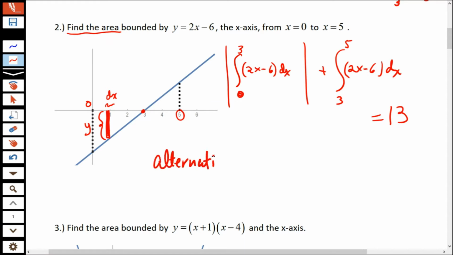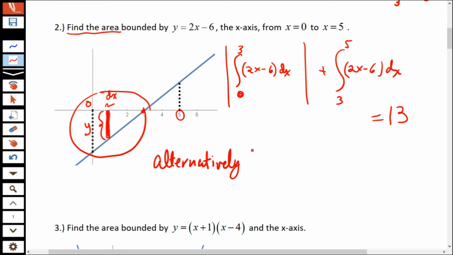Now, alternatively, we know a transformation that's going to take this portion below the x-axis and flip it up and make it positive so that we can get a positive answer, so that we could do this as a single integral going straight from 0 all the way over to 5.